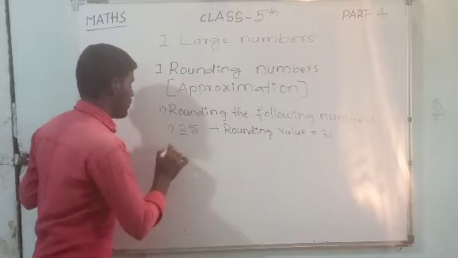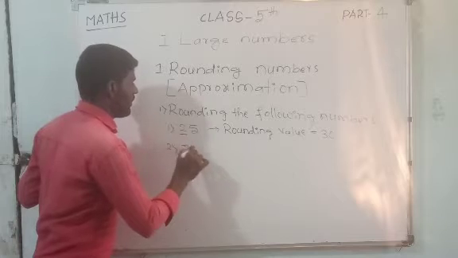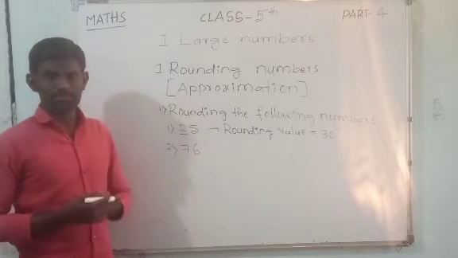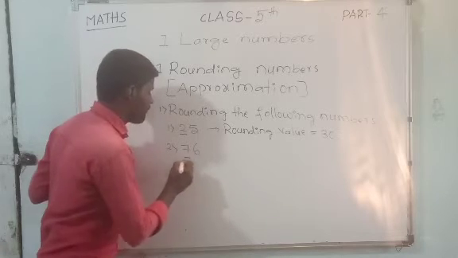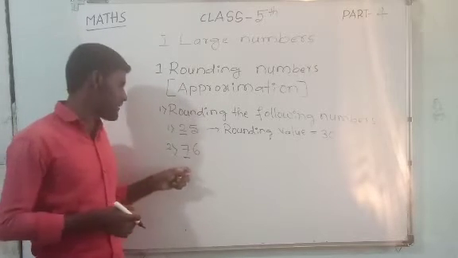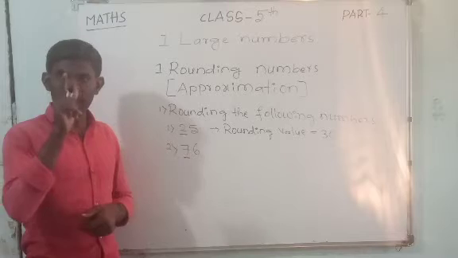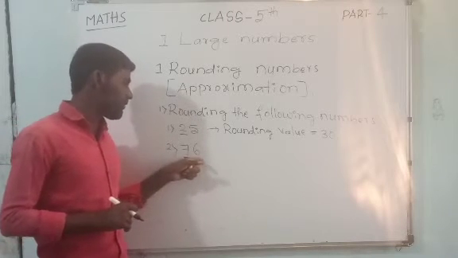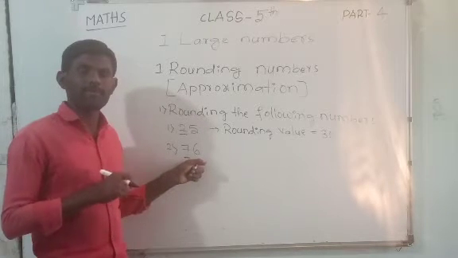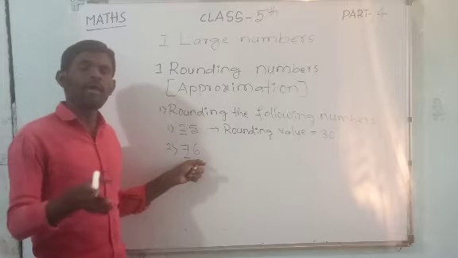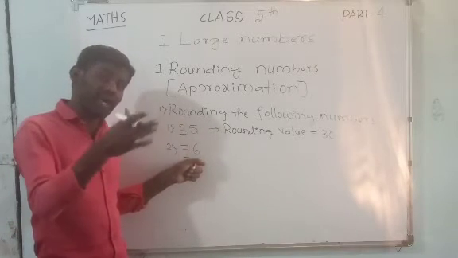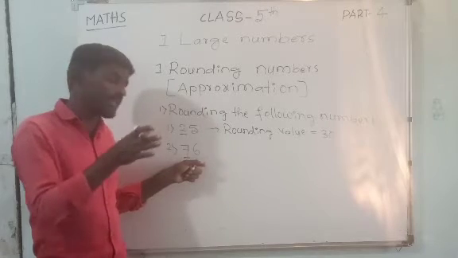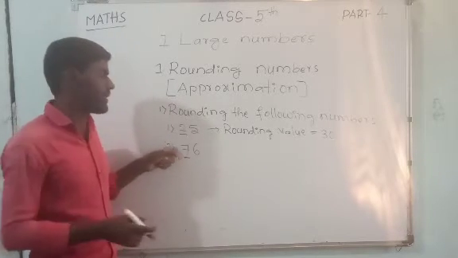Suppose example 2, dears, suppose 76. Here if they round off, 7 is the 10th place value. You should carefully observe the number present in the unit place. Already told, if the number in the unit place is more than 5 or equal to 5, then you have to increase one value in the 10th place.